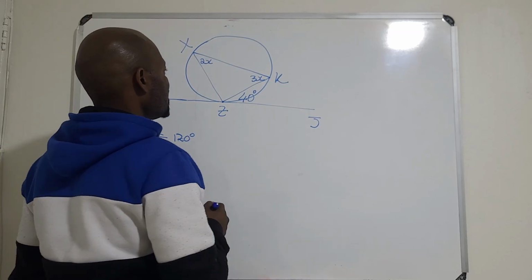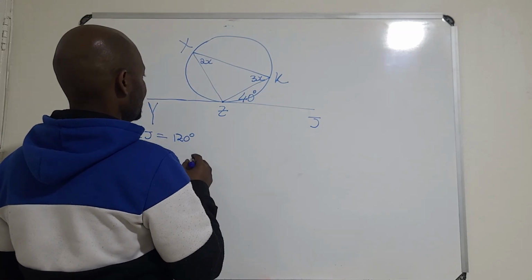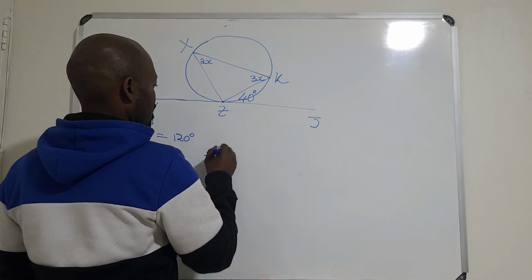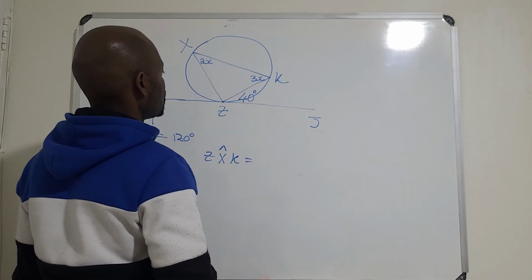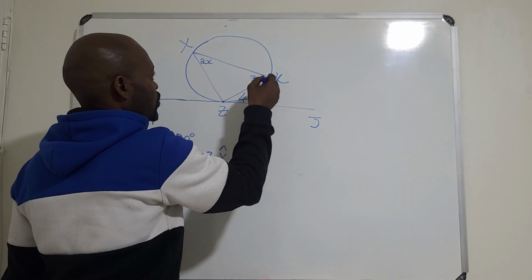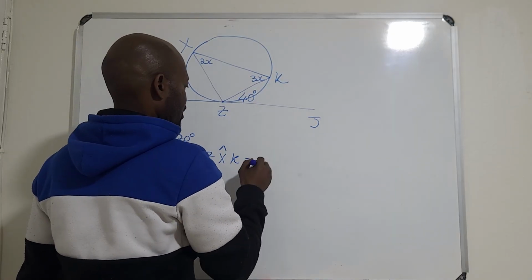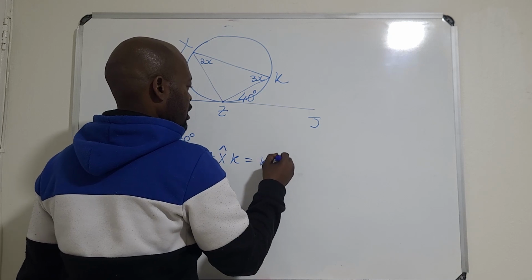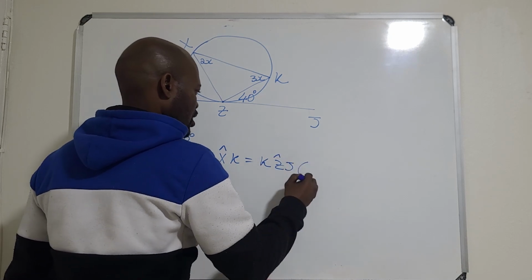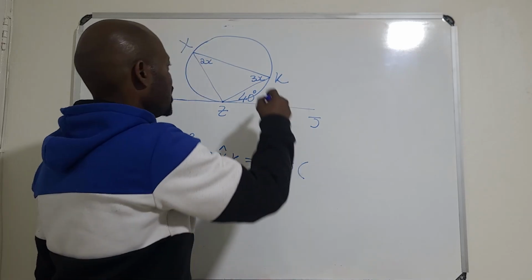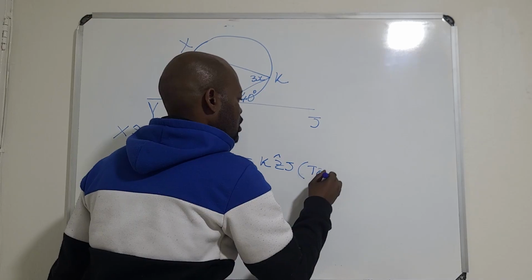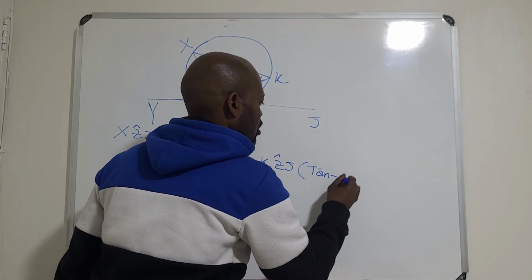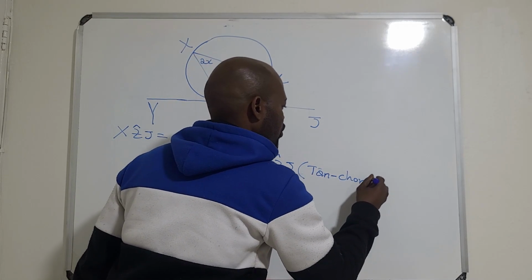Therefore, angle ZXK is equal to this angle there, which is angle KZJ. Reason: tan-chord theorem.